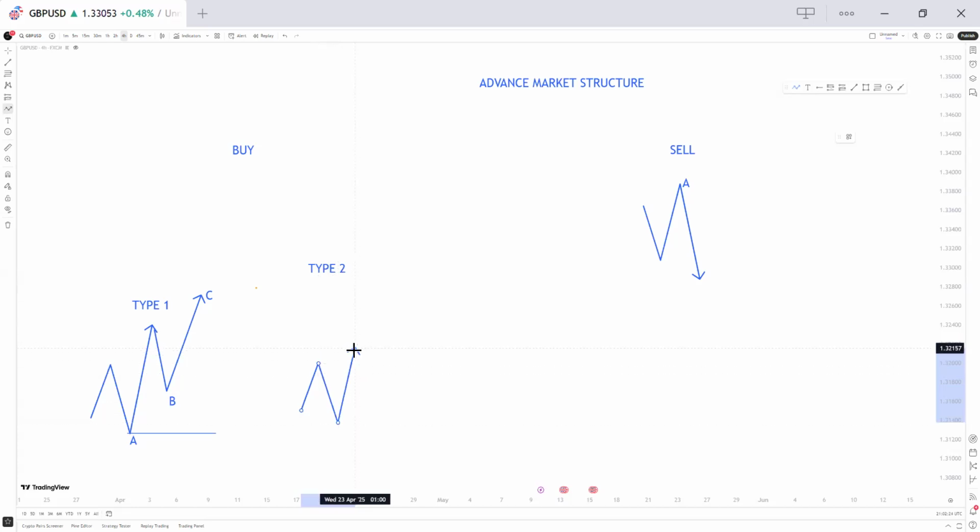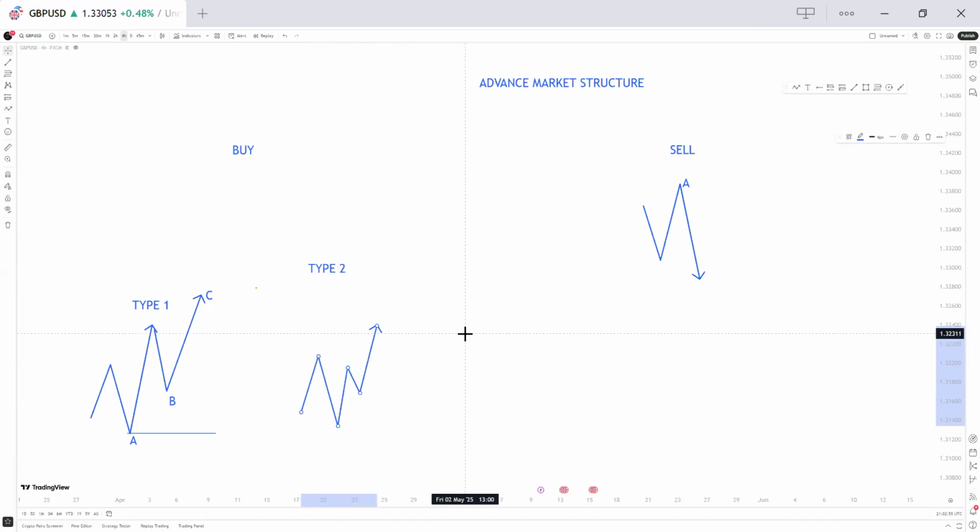You see price giving you something like this. So type 2 is simple, but most of the time you may not see it on the chart. Understand? But when you see it, it's also very good to take the trade.